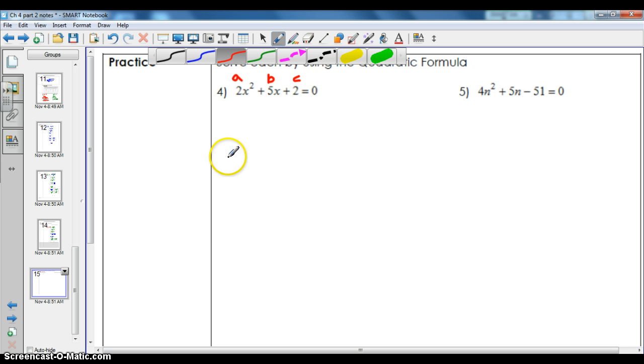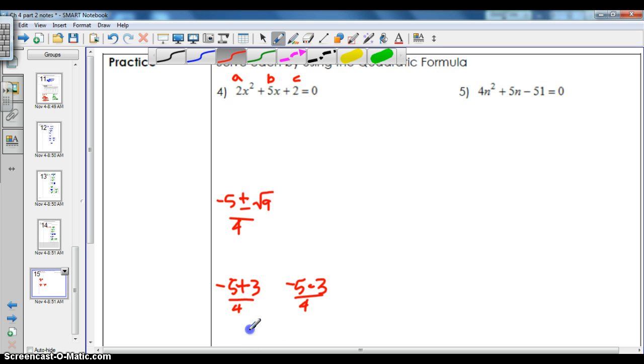All right, so hopefully you've plugged everything in and you've gotten to steps that look kind of like this, and then you wound up with negative 5 plus 3 over 4 and negative 5 minus 3 over 4, which reduces to negative 1/2 and negative 2 as your solutions.